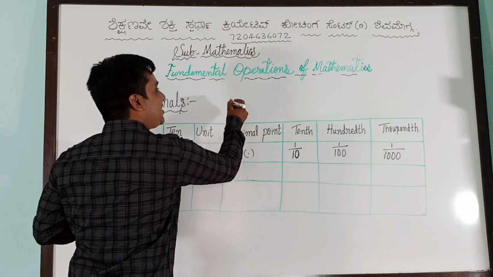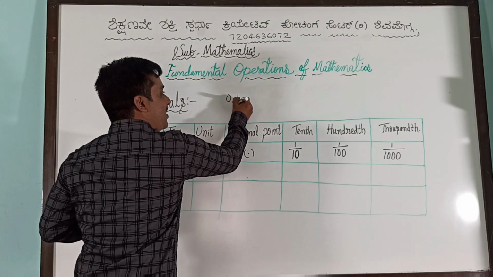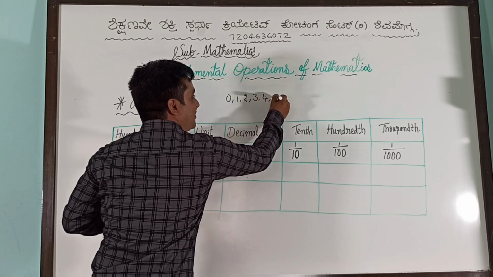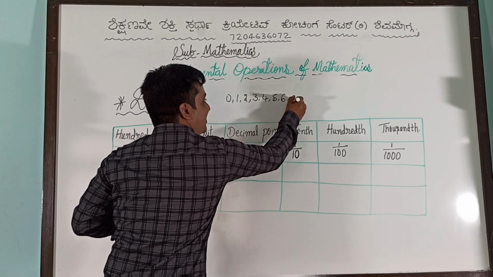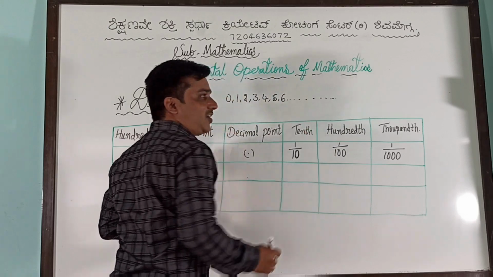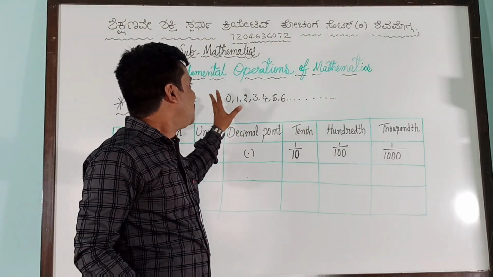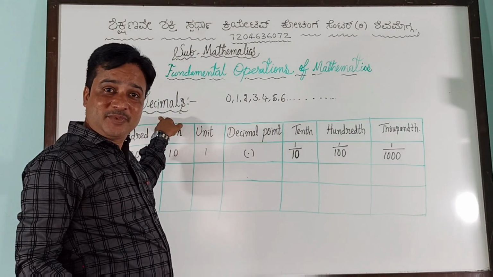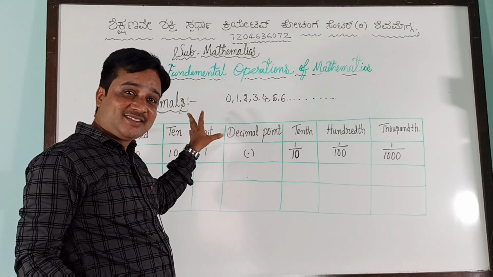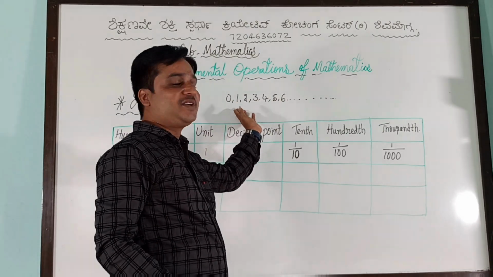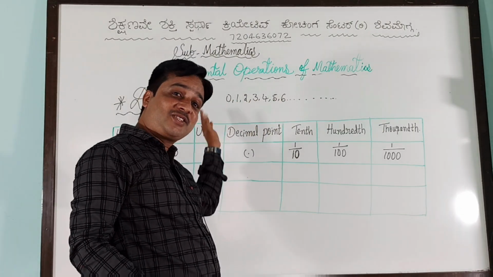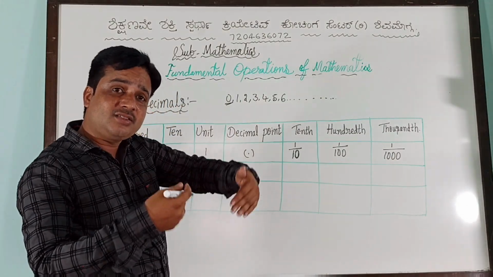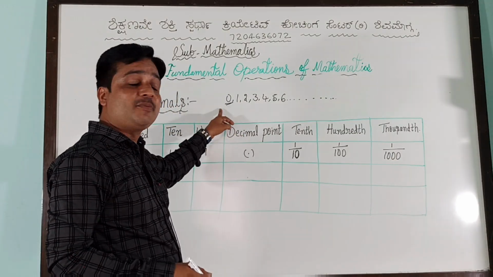We know whole numbers are 0, 1, 2, 3, 4, 5, 6, and so on. These we call whole numbers. Here we are learning the concept of decimals. Decimals mean numbers lesser than the whole numbers, that means less than 0. Here see, the starting number is 0. What are the numbers less than 0?